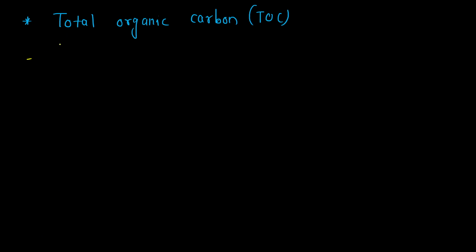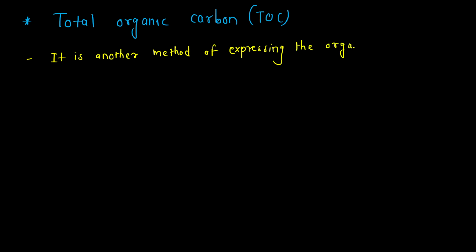So it is another method of expressing the organic content in the form of amount of carbon. Okay, so write down, it is another method of expressing the organic matter in terms of carbon content.